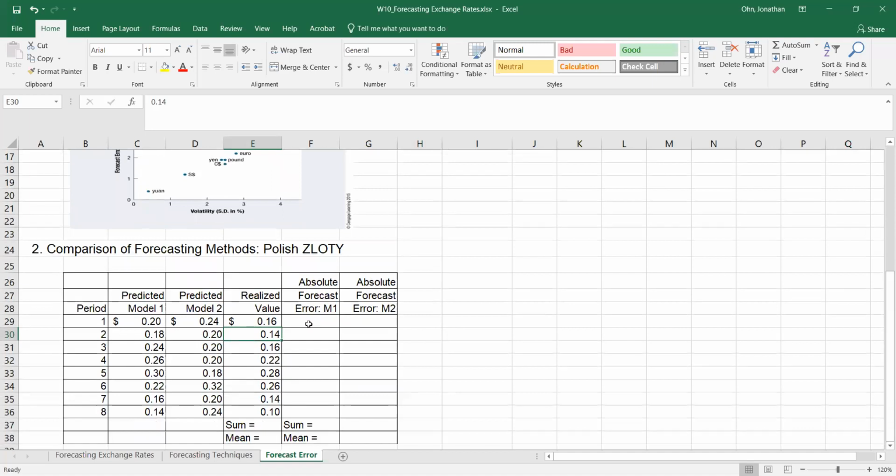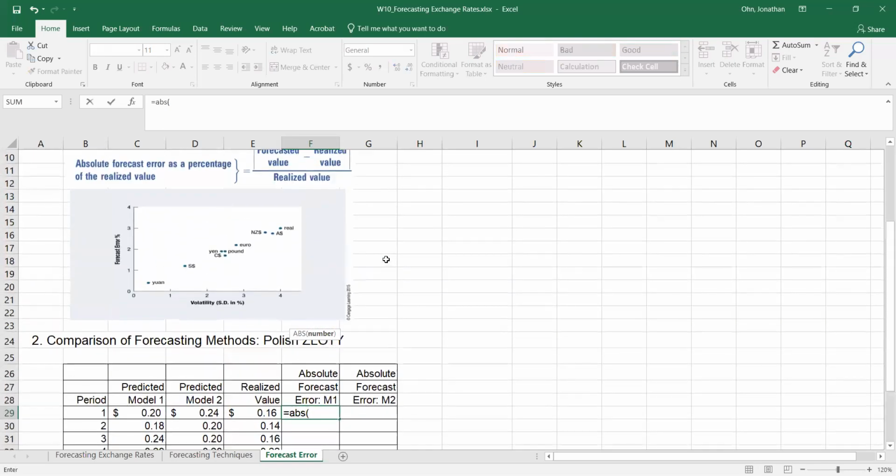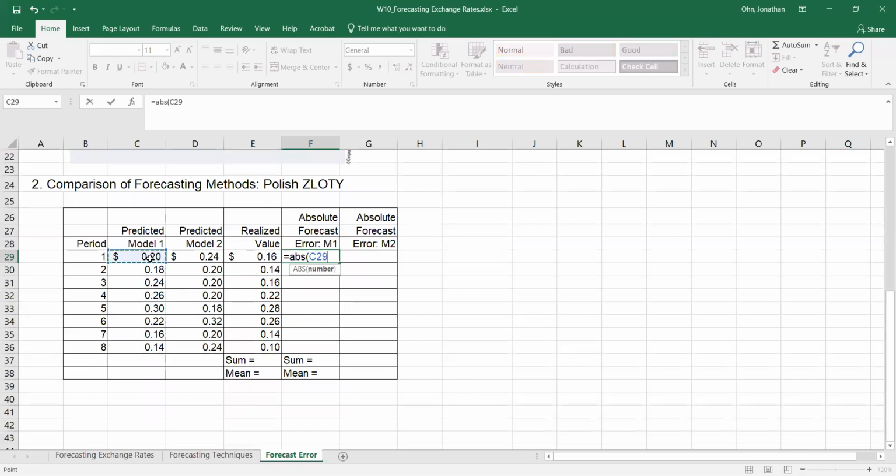What you do is ABS, the absolute value, of model 1: predicted minus real value. All right, that's the absolute value.